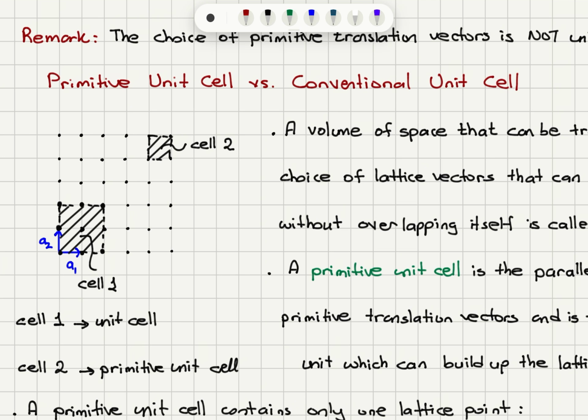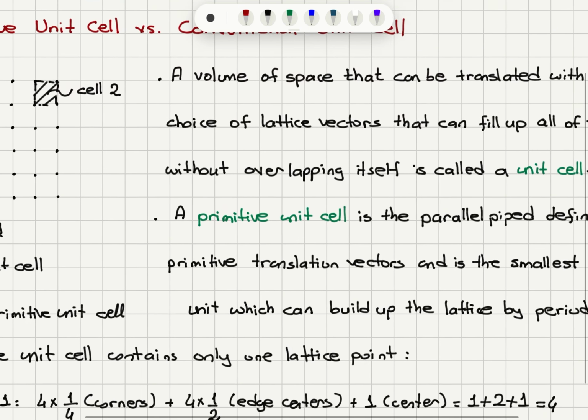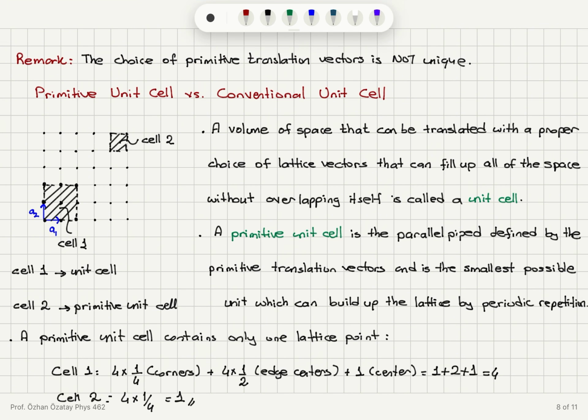But there is a difference between cell 1 and cell 2. Cell 2 includes only one lattice point, so it's called a primitive unit cell. A primitive unit cell is the parallelepiped defined by the primitive translation vectors and is the smallest possible unit which can build up the lattice by periodic repetition. So primitive translation vectors build the primitive unit cell, which builds up the lattice by periodic repetition in the smallest possible unit.